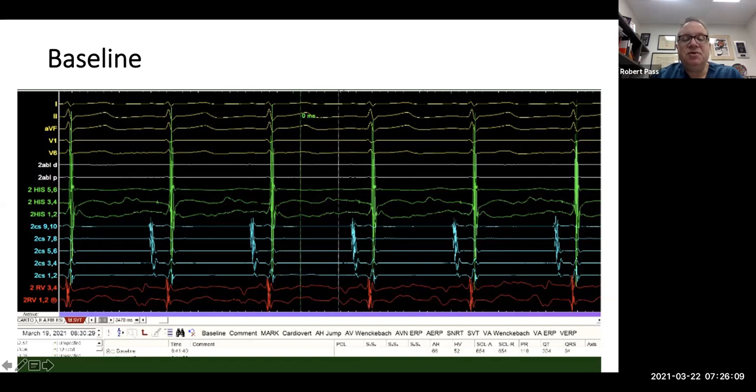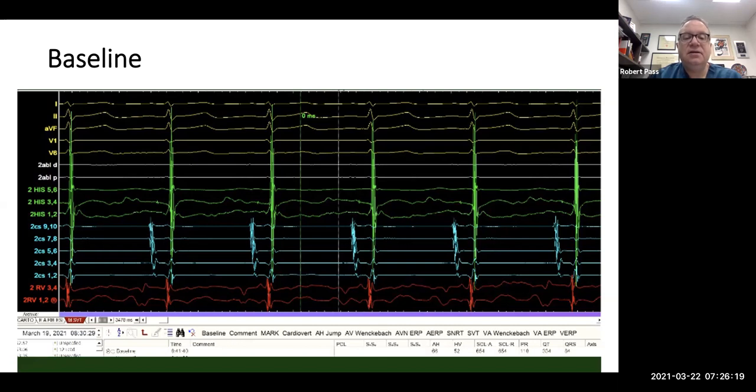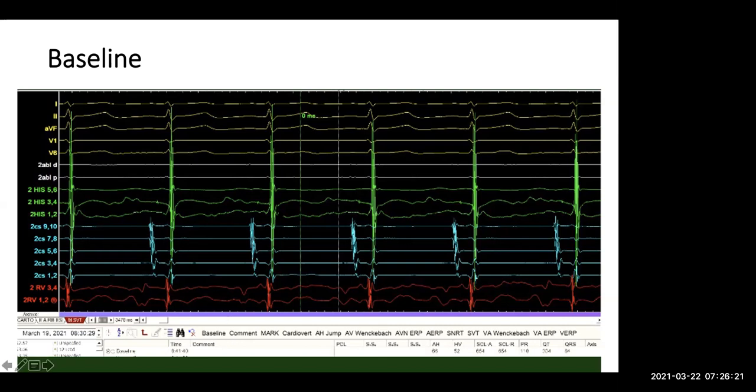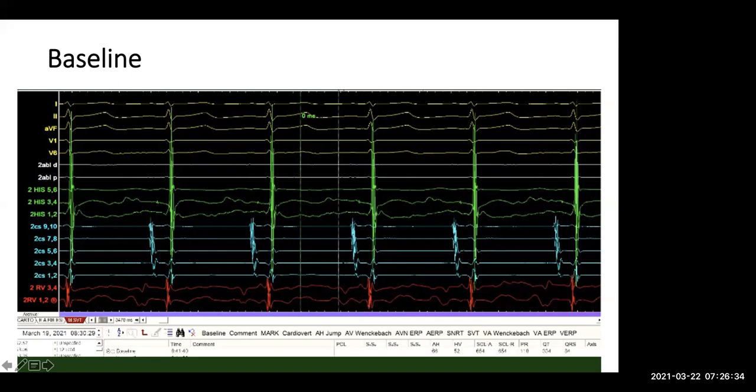But I guess my biggest question is, what happens to the HV interval when people are pre-excited? Very short. And in this case, there's a reasonable HV. Right, exactly. To measure the HV interval, we measure from the onset of the His to the onset of the ventricular electrogram in any lead, to see if any of them are early.